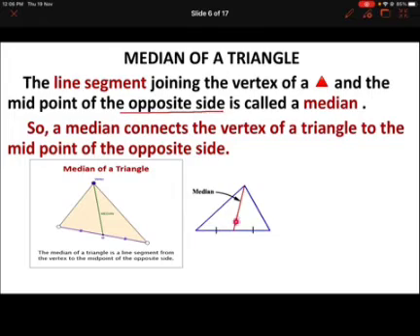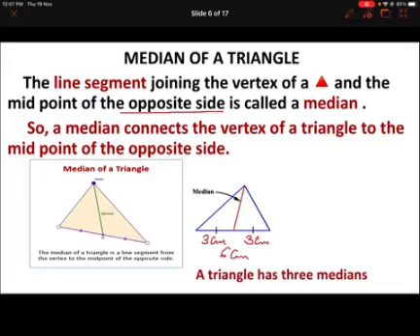This stroke means that this median has separated this side into 2 equal parts. Let us say this is say 6 centimeter. Then each of this is 3 centimeter and 3 centimeter. Children, I hope I'm clear.